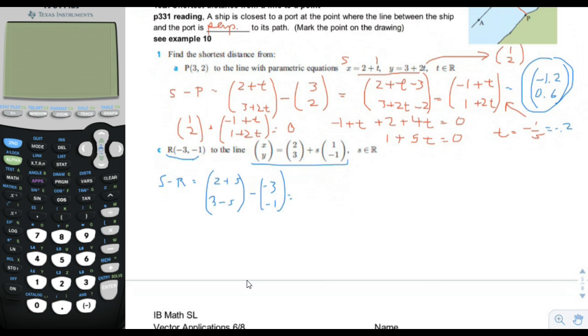So the x component is 2 plus 3 plus s, and the y component is 3 plus 1 minus s. We simplify that to (5 plus s, 4 minus s).